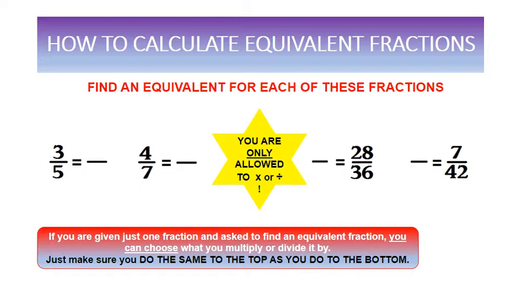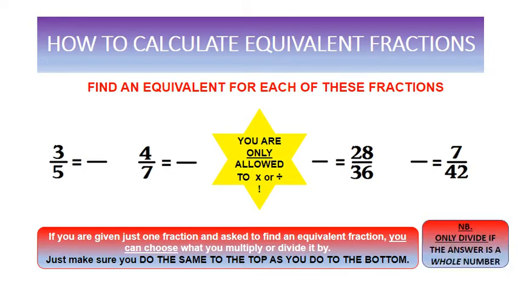The only thing we have to remember is that whatever we do to the top, to the numerator, we have to do to the denominator. And one more tip, avoid dividing if you can, and only divide if the answer is a whole number. What you don't want is decimal numbers on fractions.